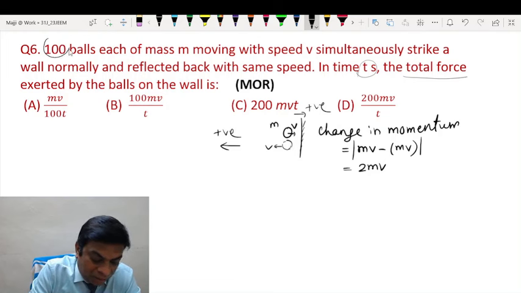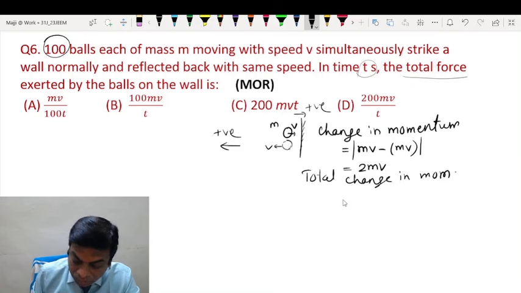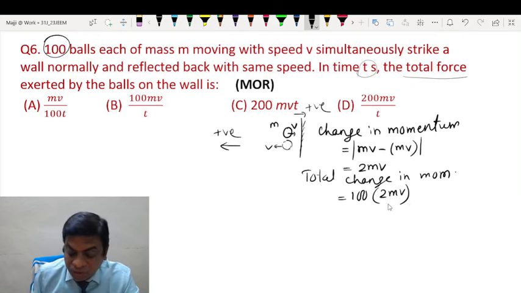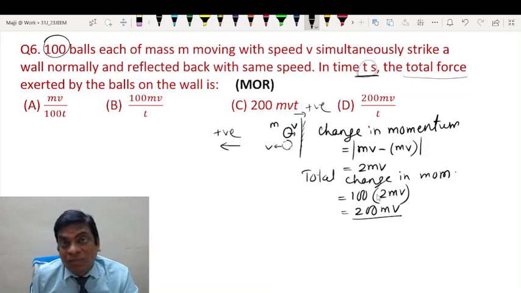Now, as you can see, 100 such balls strike. So the total change in momentum will be 100 times the change in momentum of each ball. So this is equal to 200 mv. This is the total change in momentum. It takes place in t seconds. So rate of change means what?